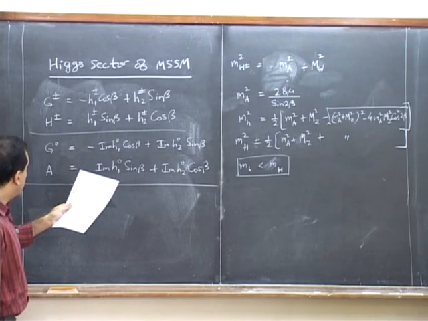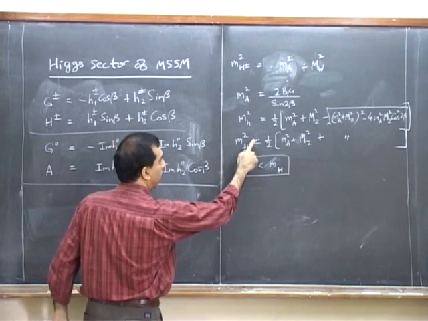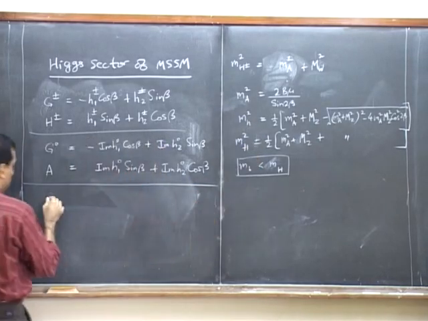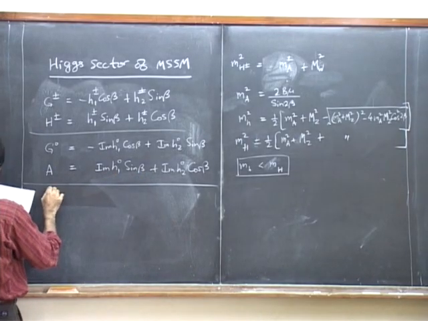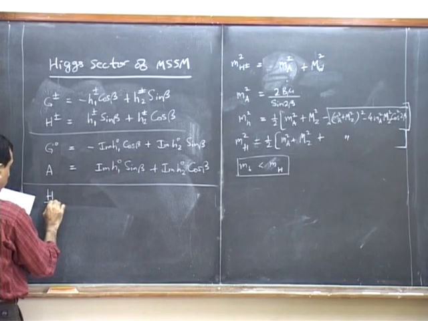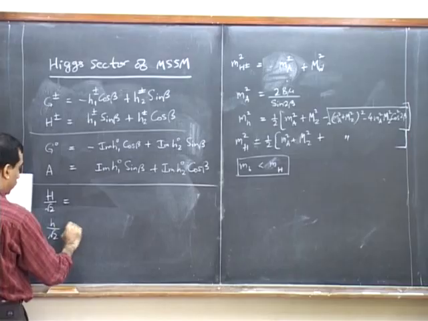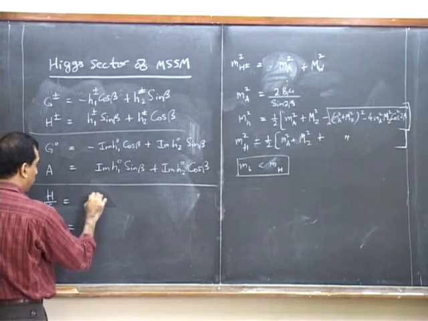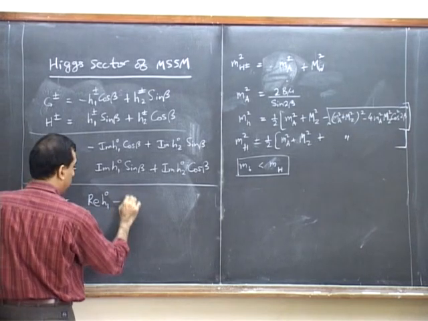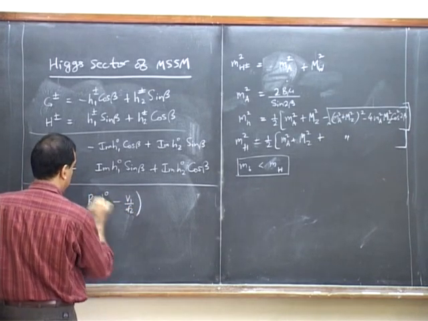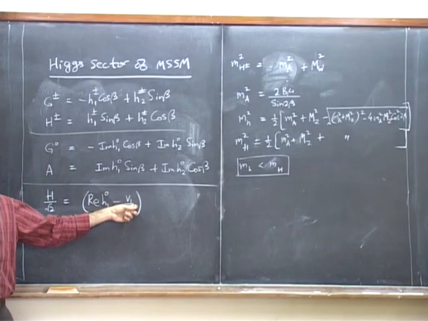Okay. Finally, the rotation which gives these two particles, small h and capital H, which are the neutral Higgs, is a little more complicated, and it actually involves a new angle which I'll need to define here. So this involves the real part of H1 naught, but I have to subtract from it its own wave. It's the real part of H1 naught which gets a wave V1 by root 2.